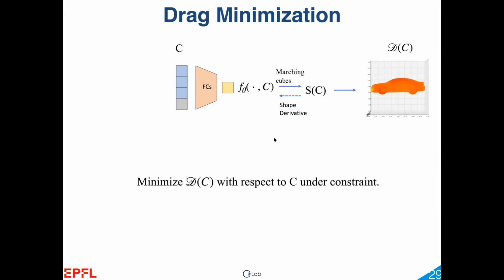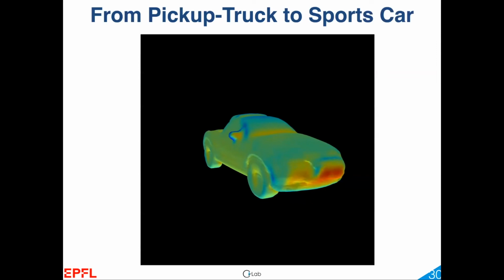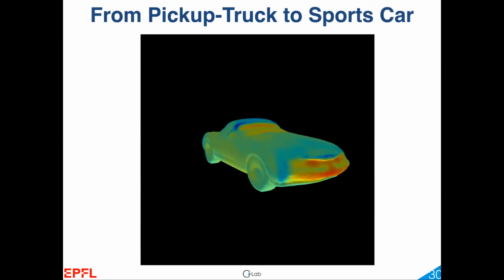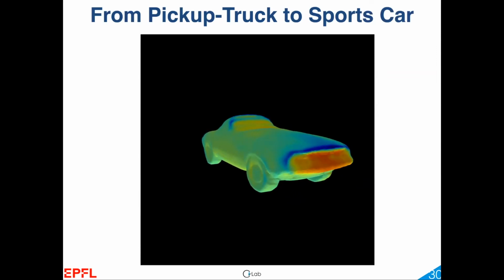So we can minimize the drag with respect to the code, under a number of constraints, and typically you want to leave some space for the passengers and the engine. And that's how we take an ugly SUV and we turn it into, I don't know if it's ugly or not, but into something that's far more aerodynamic.